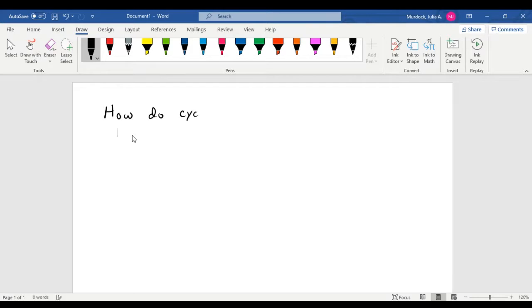How do these cyclin and CDK molecules fluctuate over time in terms of their concentrations?